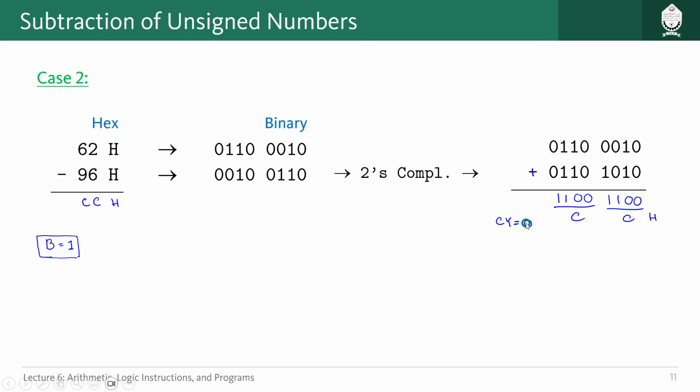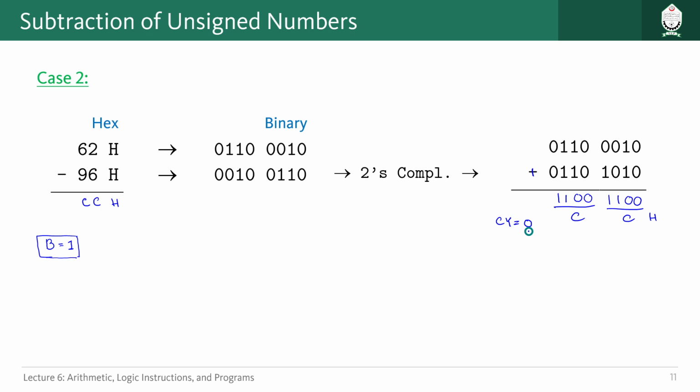Now in this particular problem, because the value we have got is not correct in our sense, because we have taken a borrow from this imaginary stage, that's why the borrow should be 1, and in 8051 borrow is indicated by CY or carry in unsigned number subtraction, right?